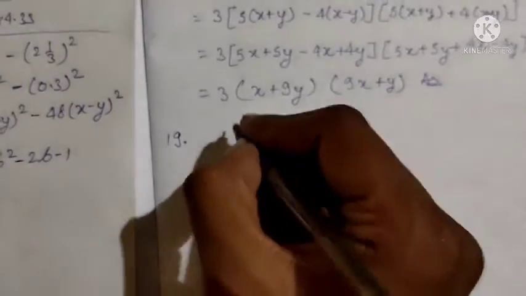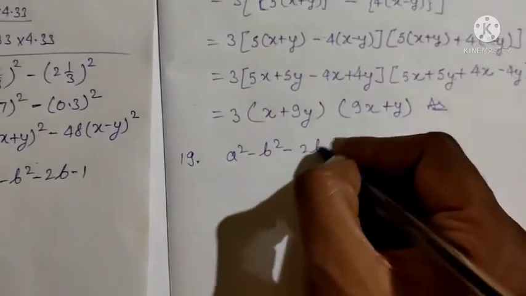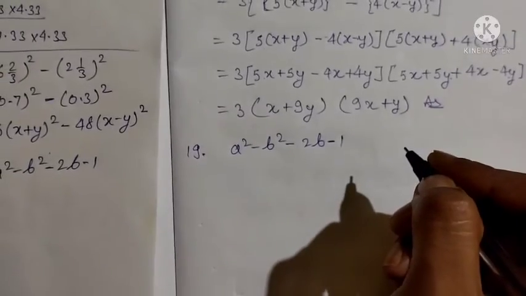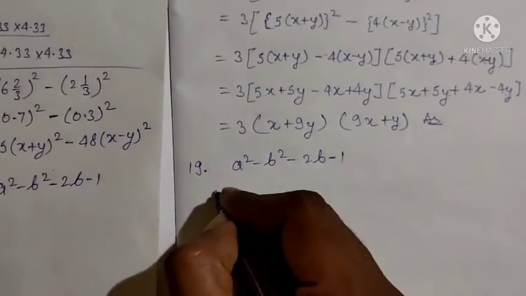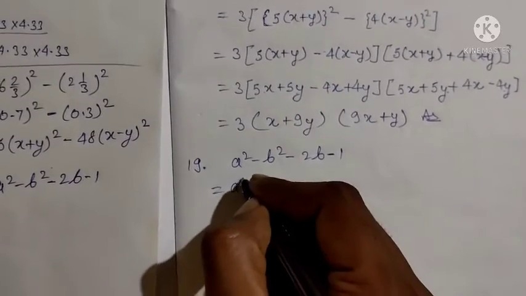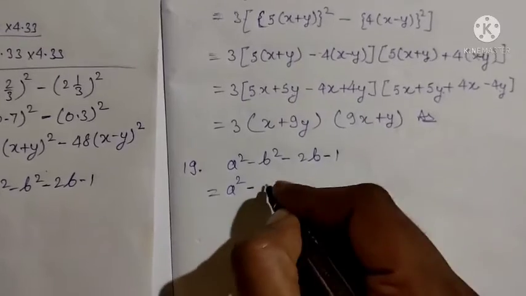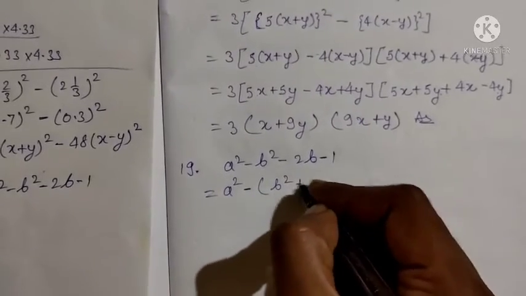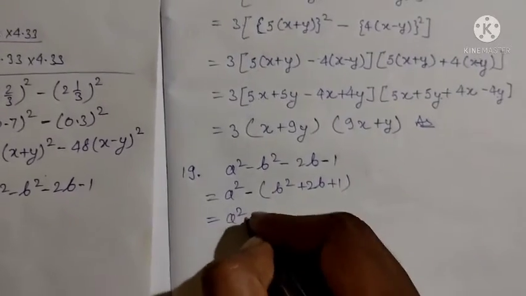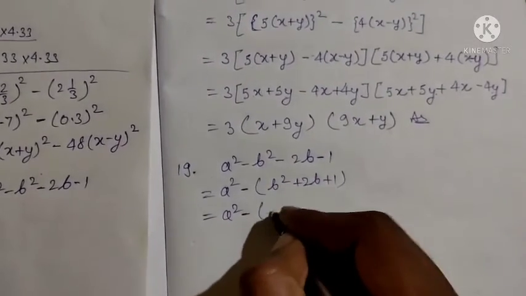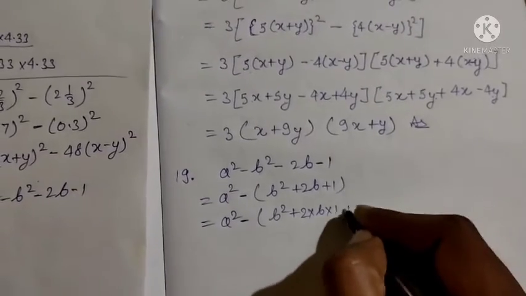Now this is our last question for this particular video. It is a square minus b square minus 2b minus 1. Now look here, if you take minus as common, then it will be a square minus (b square plus 2b plus 1), equal to a square minus (b square plus 2 into b into 1 plus 1 square).